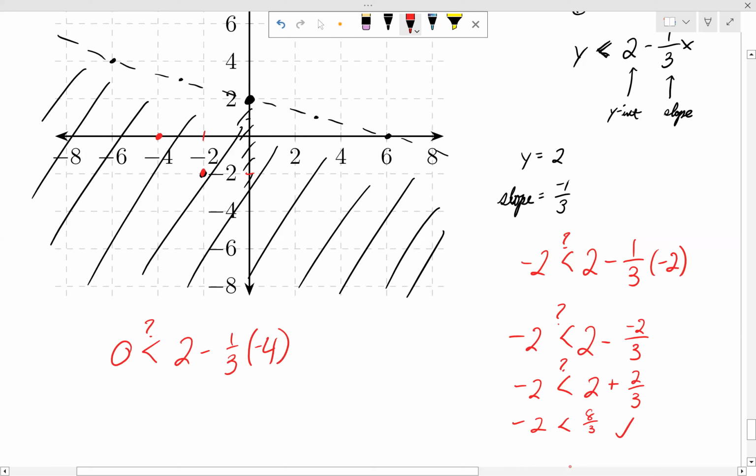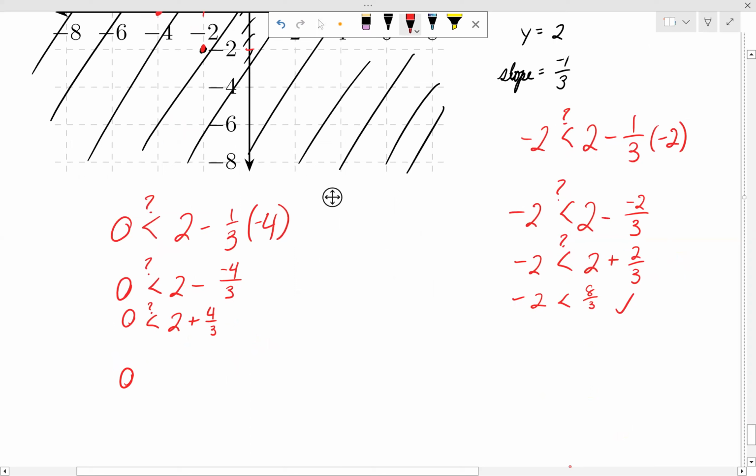I'm checking and seeing that this inequality holds. So is 0 less than 2 minus -4/3? Is 0 less than 2 plus 4/3? And it's true that 0 is less than 10/3.